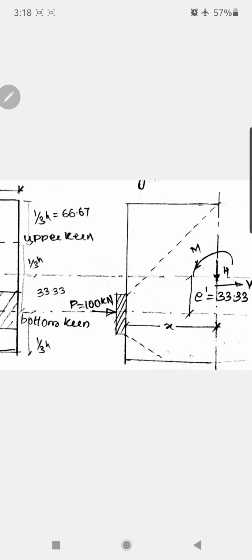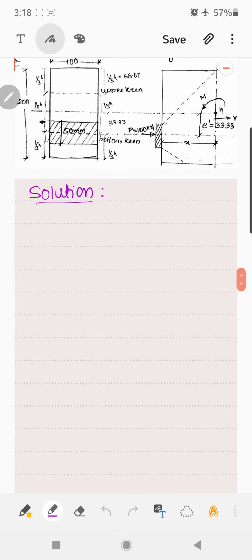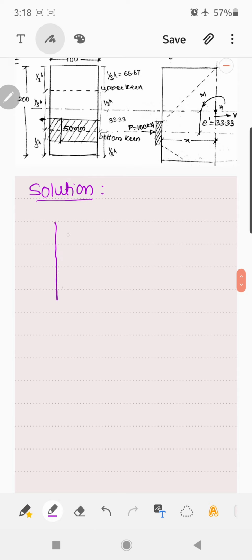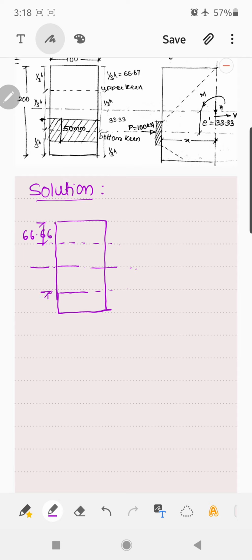This is the diagram, the moment and H values. Now we have to calculate E dash first. Let me draw the diagram again: this is the center of the section, this is the upper kern, this is the bottom kern. The upper kern is H by 3, which is 66.66, and the bottom kern is again 66.66, and this is also 66.66.